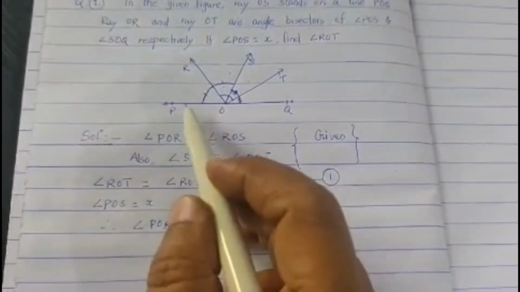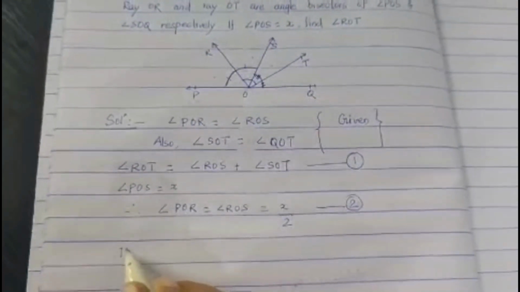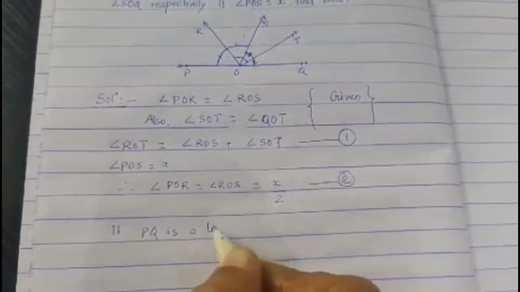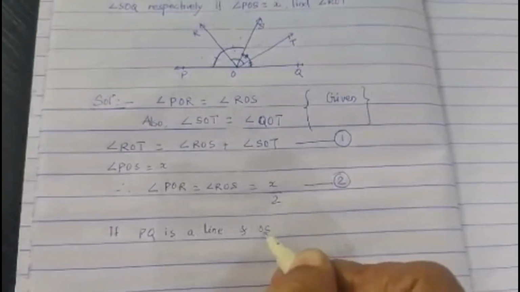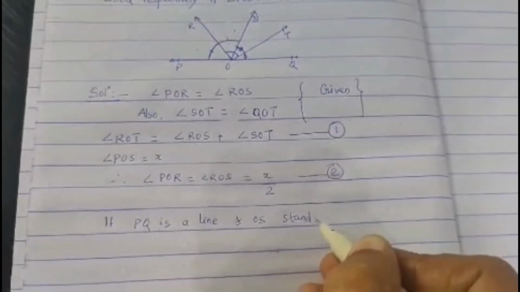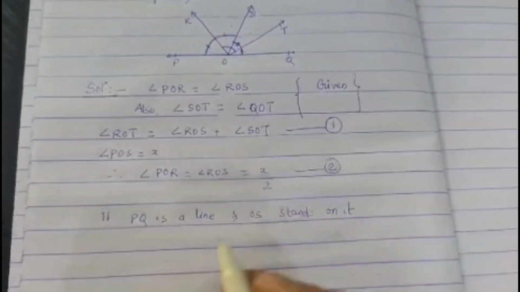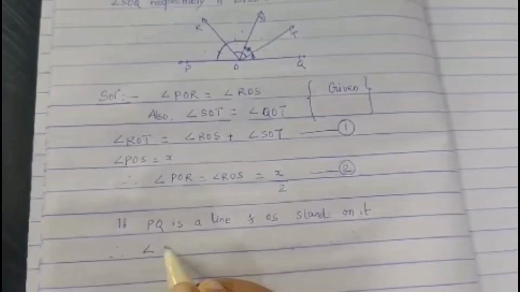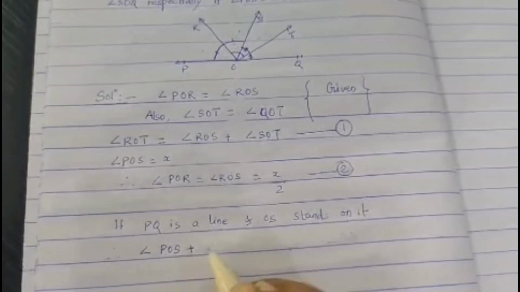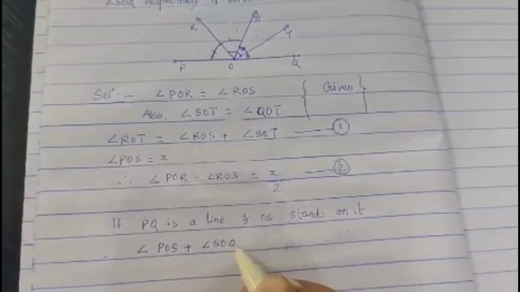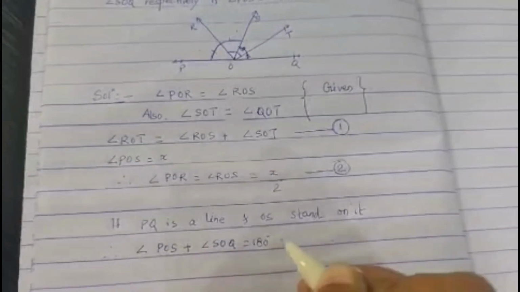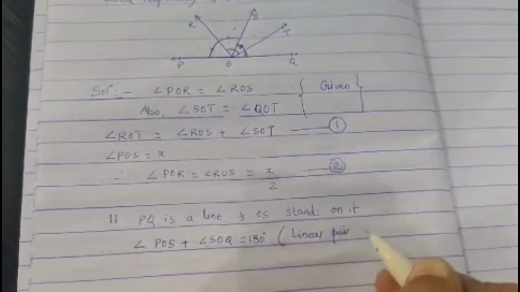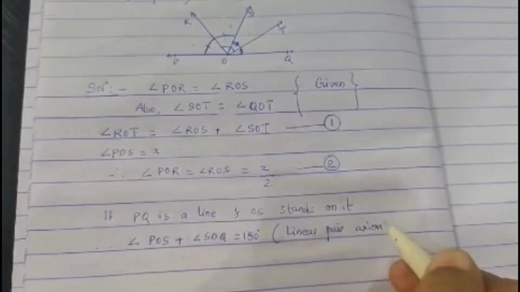Let's understand, if PQ is a line and OS stands on it, then what can we write according to the linear pair axiom? Therefore angle POS plus angle SOQ is equal to 180 degrees.